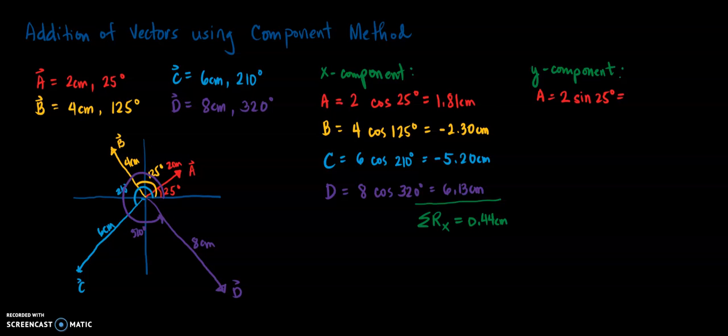That is 0.845. For vector B, it is 4 sine 125 degrees. That is 3.28.